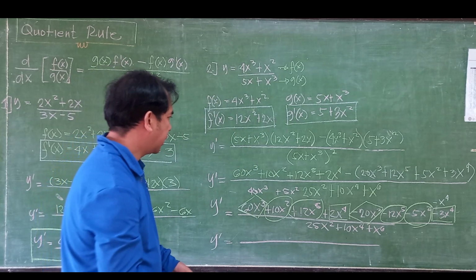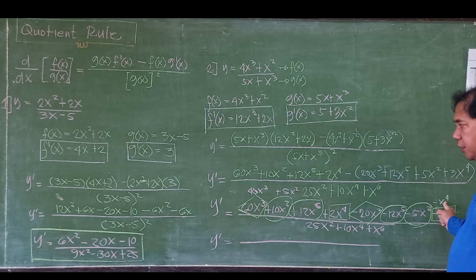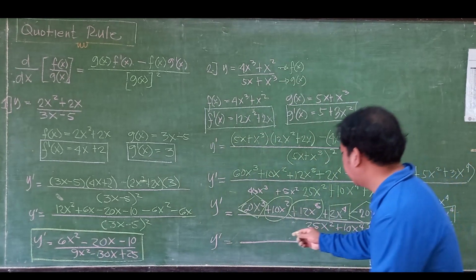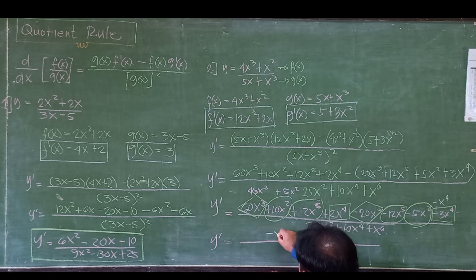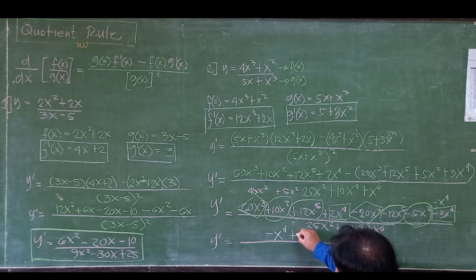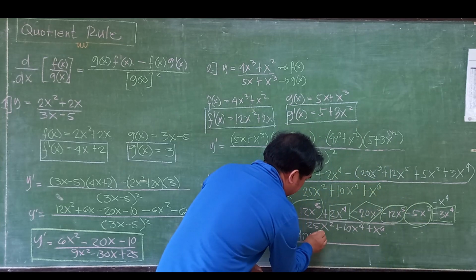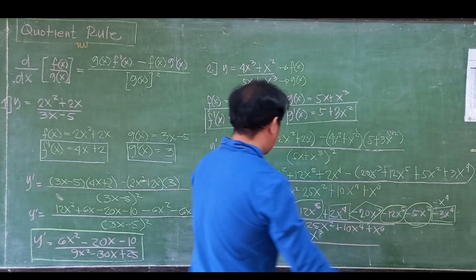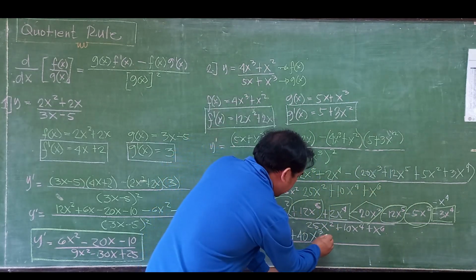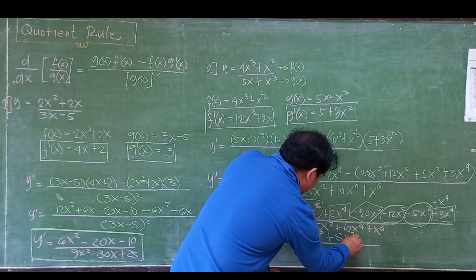If we are going to finalize our answer, you immediately arrange it in descending order. So we have in here negative x raised to 4, followed by positive 40x raised to 3, and then followed by plus 5x raised to 2.